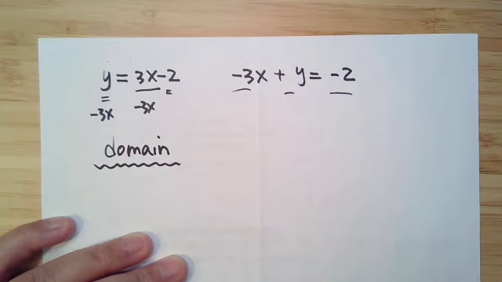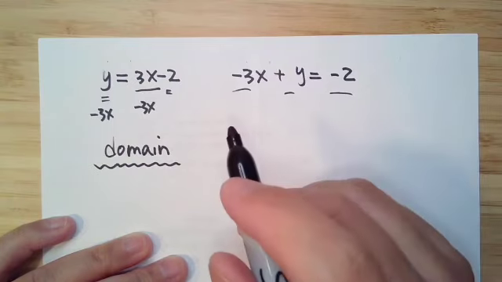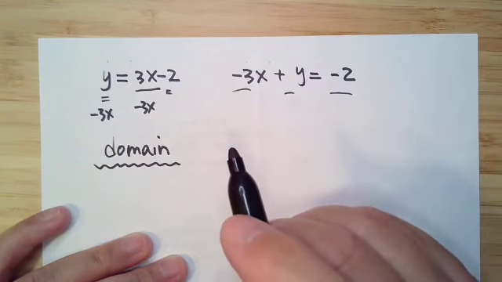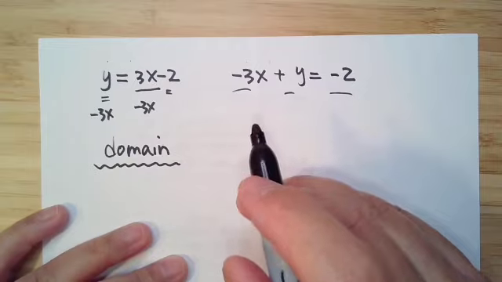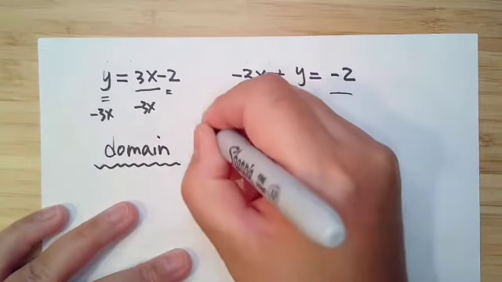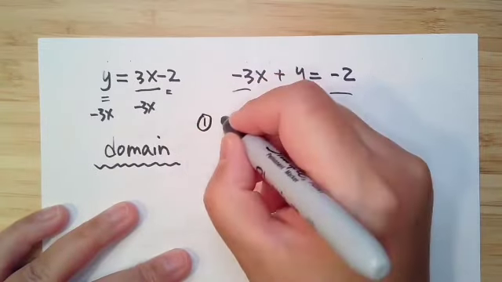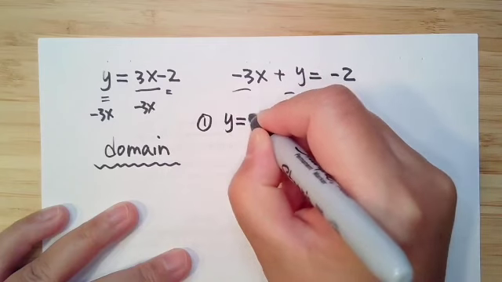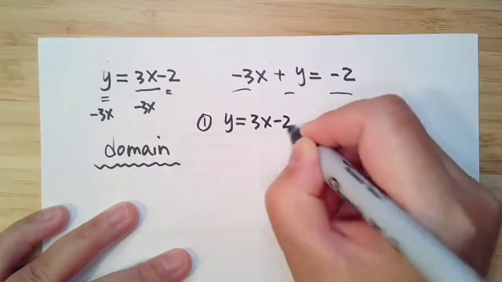Domain is what x values can be. It's the set of all the values that you can choose for x. I will give you three important examples. The first example: I ask you to graph y equals 3x minus 2.